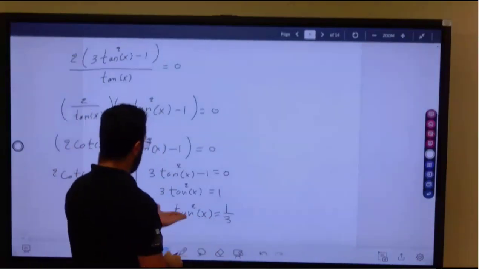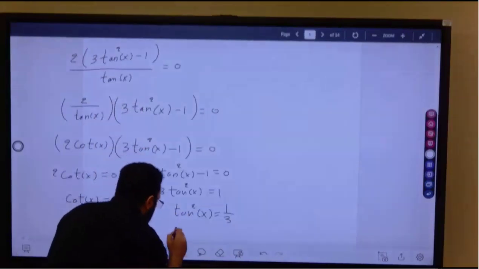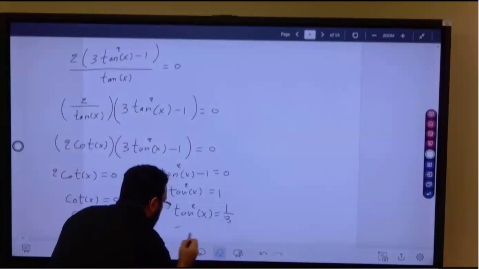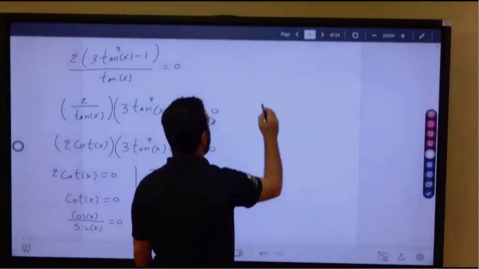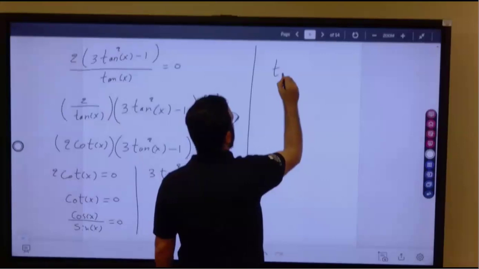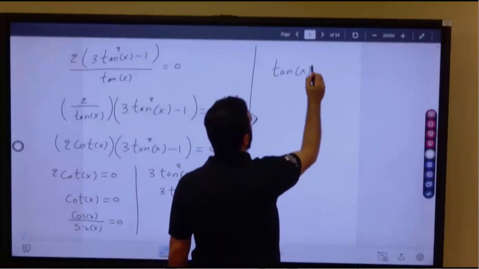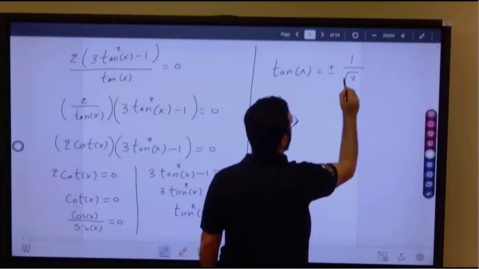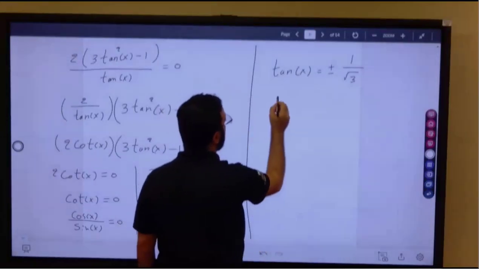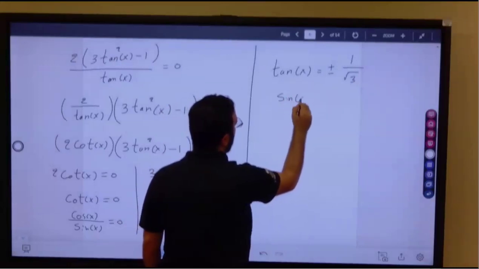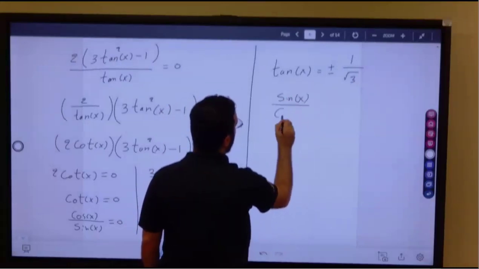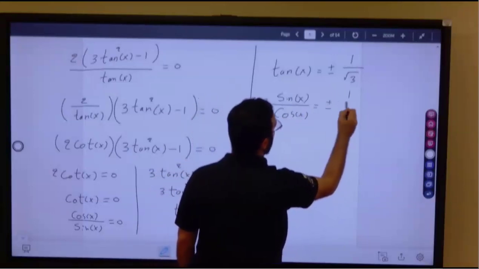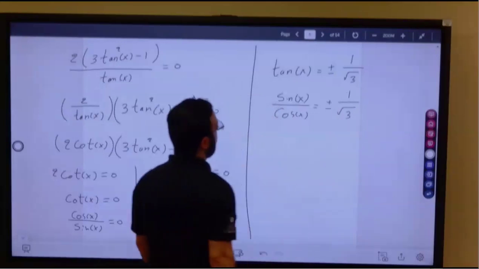Then take the square root of both sides, that means tangent x is going to be equal plus or minus 1 over square root of the 3. That means when you divide the sine of this angle by the cosine of this angle, the result should be plus or minus 1 over square root of the 3.